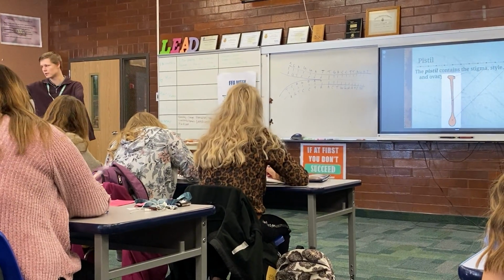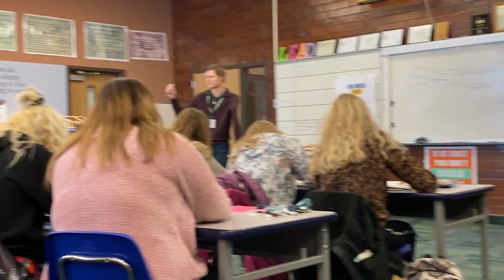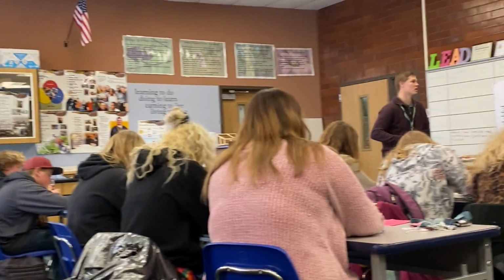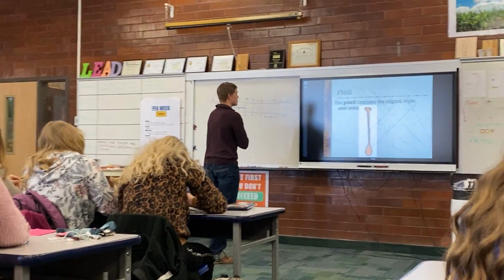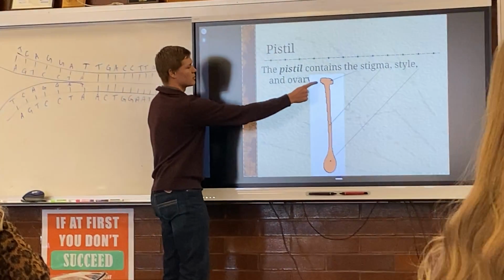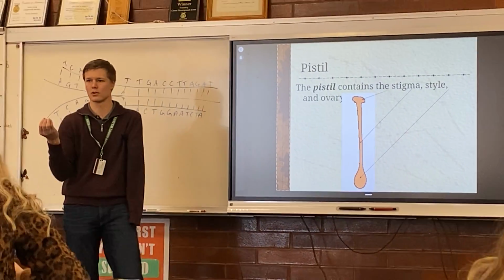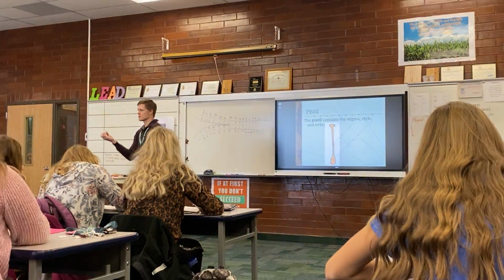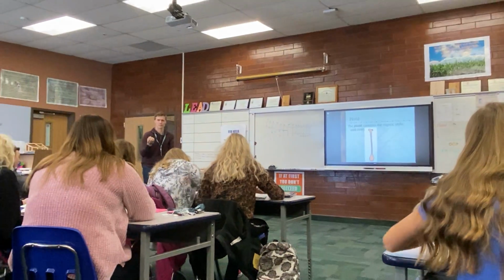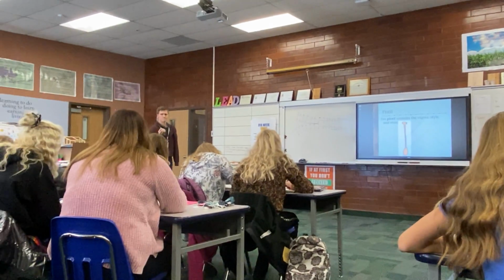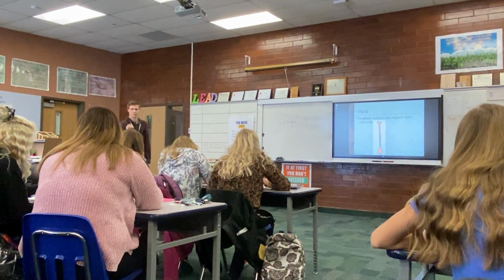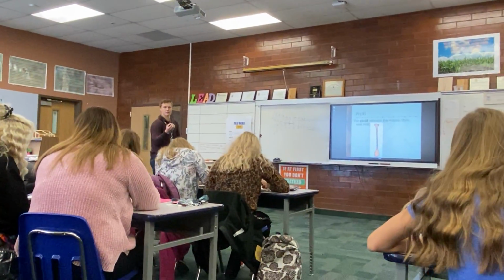These are the parts you need to remember, not just pistil. So we have the stigma, the style is the tube, and at the bottom is the ovary. Those are all the female parts of the flower. Okay? Makes sense? You could look at it on a real flower.